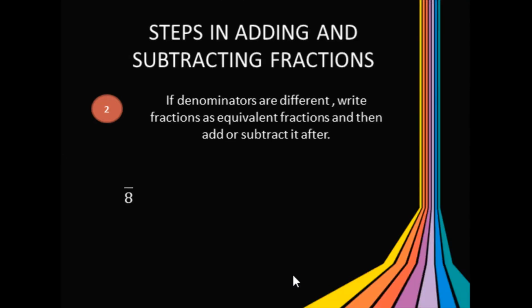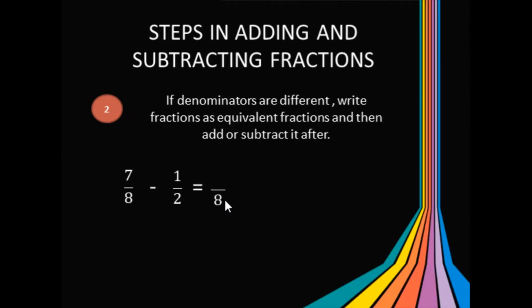Okay, let's try if it's subtraction. Same process as the other slide. 7/8 minus 1/2. Denominators are not the same. So we look for their common denominator, which is 8. So we have 8 minus 8.